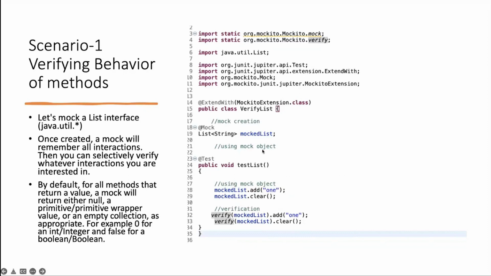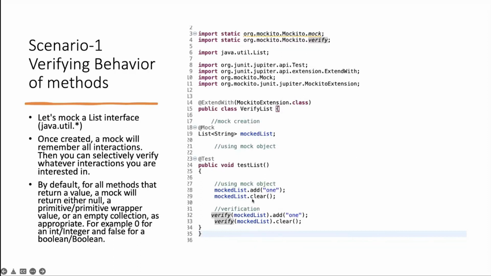So this is one thing. The other thing that you need to focus on is that once the mock is created, whatever interactions you are doing here using the mock object, Mockito will remember all the interactions. So you have made a call to add, you have made a call to clear, and then you are verifying add and clear.